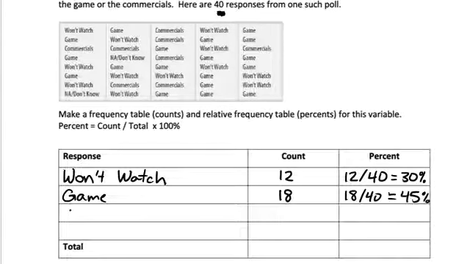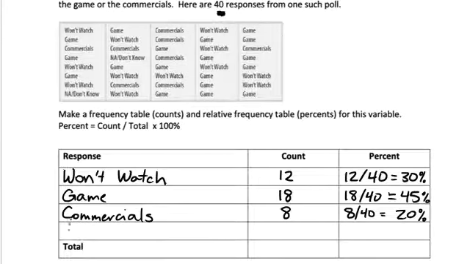Another response in the list is that they were more interested in the commercials. Counting how many people said that, that's a total of 8 responses. So the count is 8. Percent is 8 divided by 40, which is 20%.